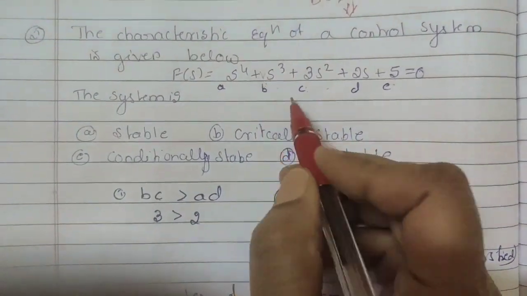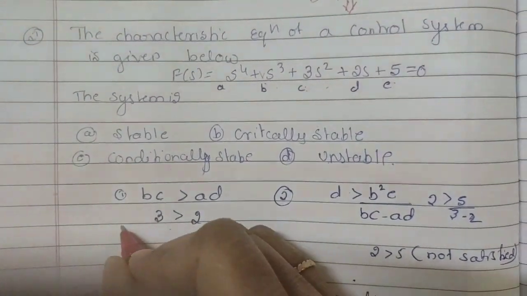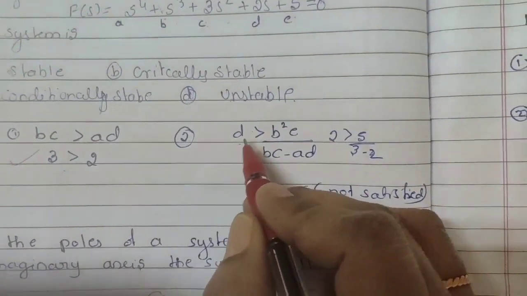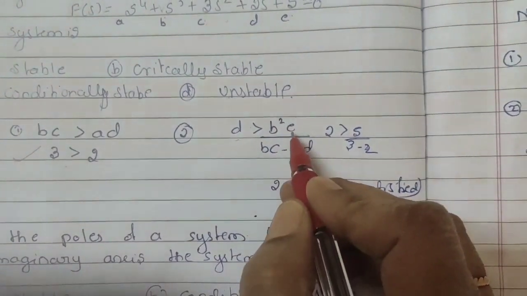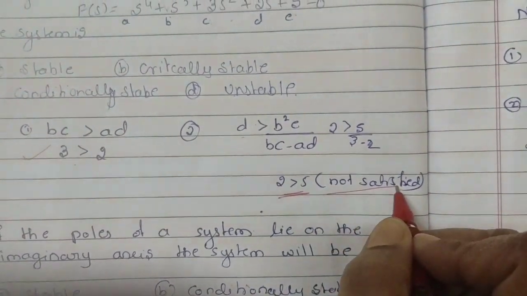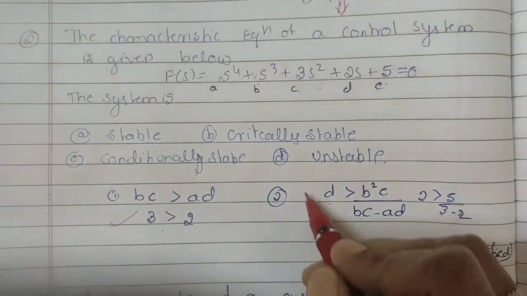Here B is 1, C is 3, so BC is greater than AD and this condition is satisfied. The second condition, D greater than B squared E divided by (BC minus AD), is not satisfied.